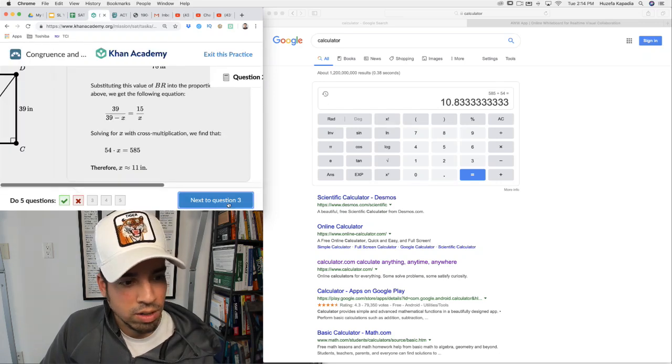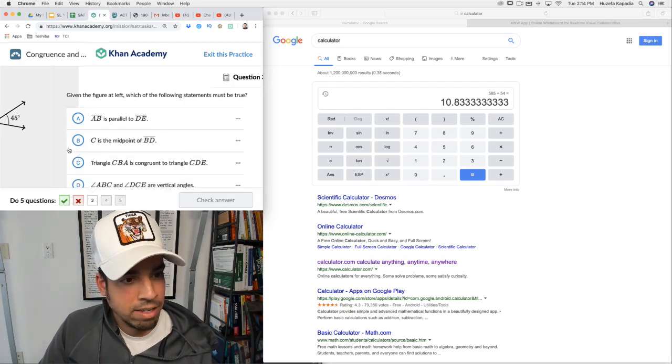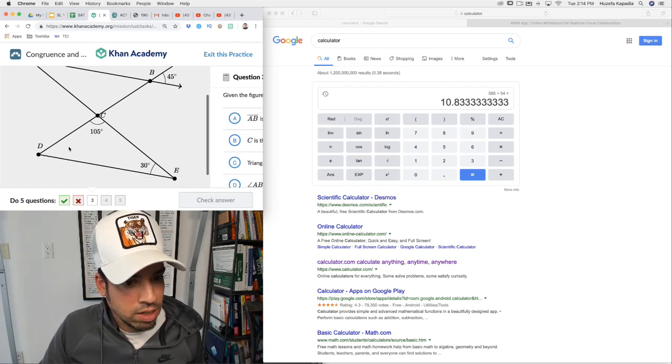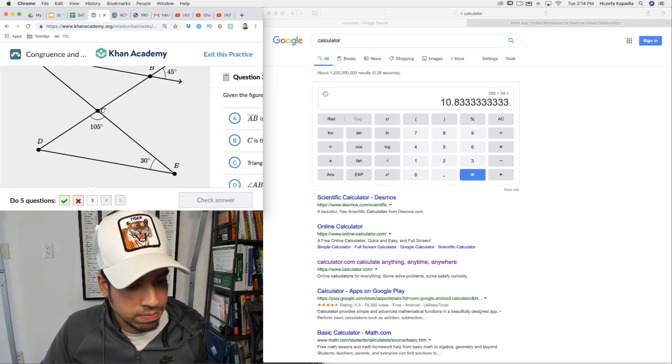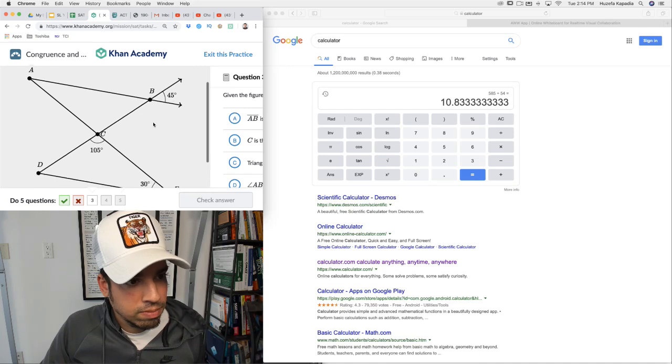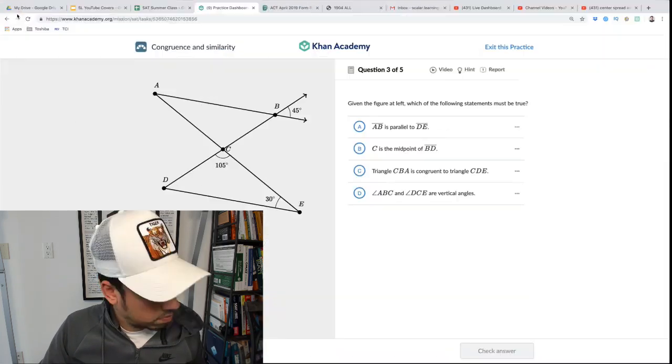Here we go. Question number 3. Given the figure at the left, I'm going to do the same thing and copy this figure here. Let's do it like this.